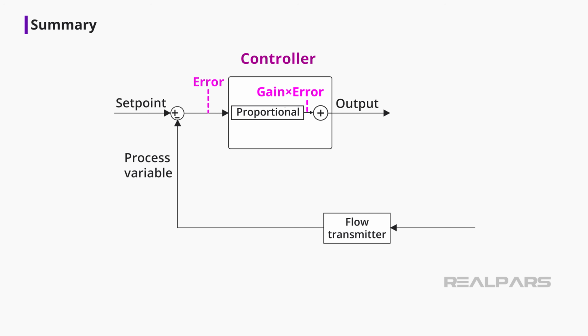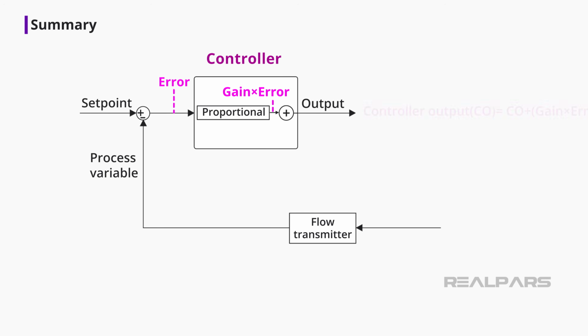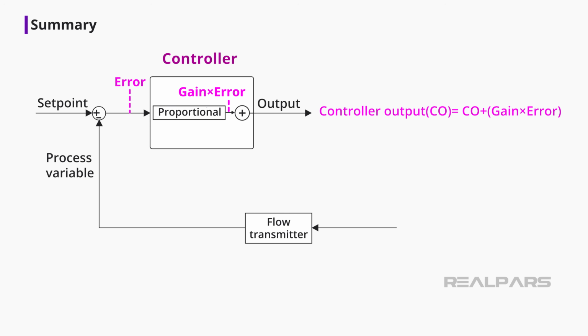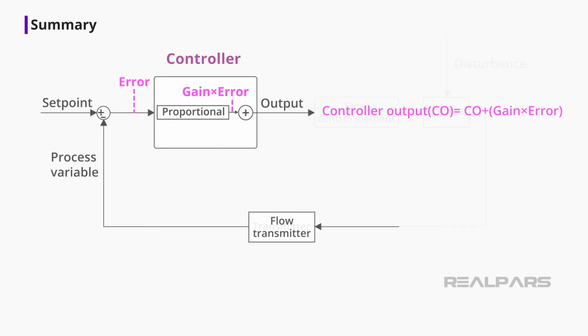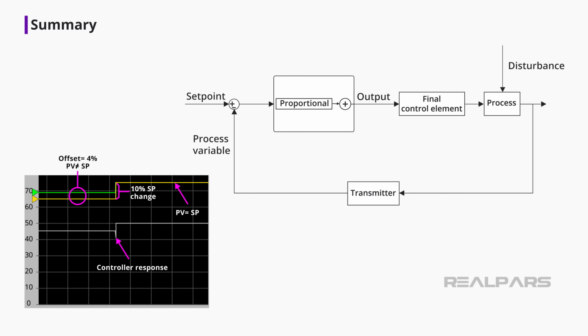Proportional amplification has no units and often is referred to as gain. A simple math formula for controller output after proportional action is controller output equals CO plus gain multiplied by error. A proportional-only controller will result in an offset condition after a disturbance or setpoint change.